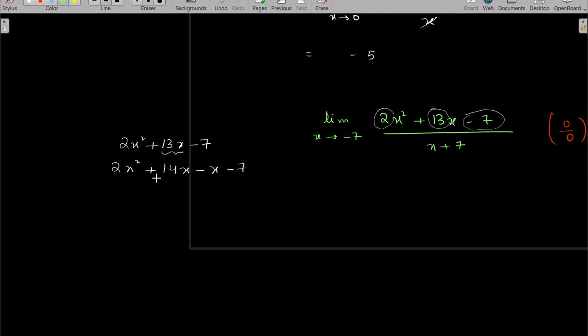Yes, 13x can be written as 14x minus x, and now you can factor out 2x from the first two terms to get x plus 7, and factor out negative 1 from the last two terms, and then factor out x plus 7. So what will you get when you factor out x plus 7?